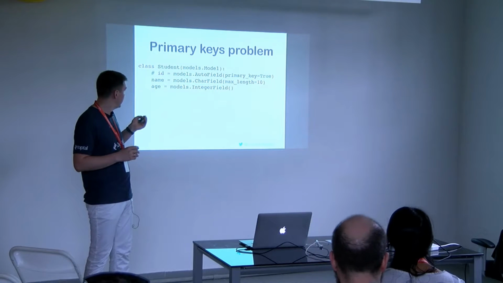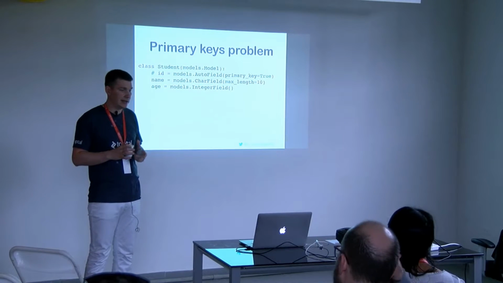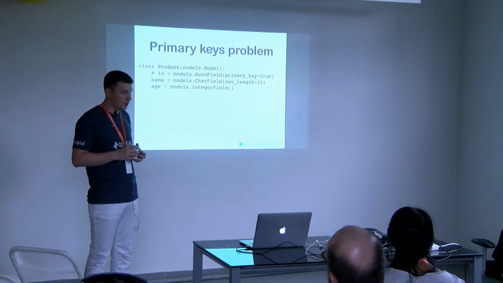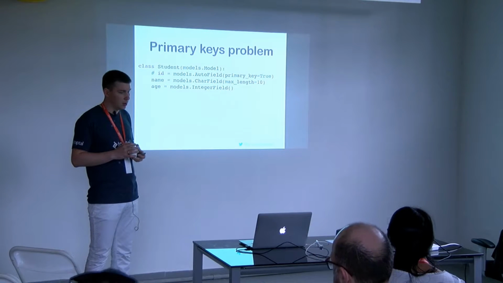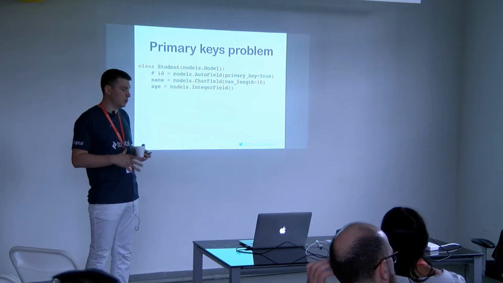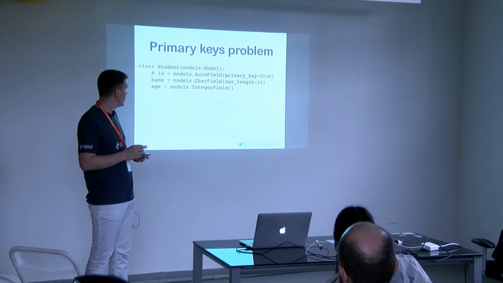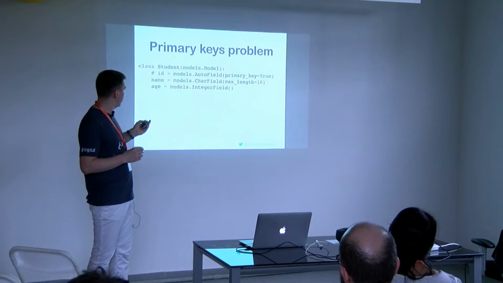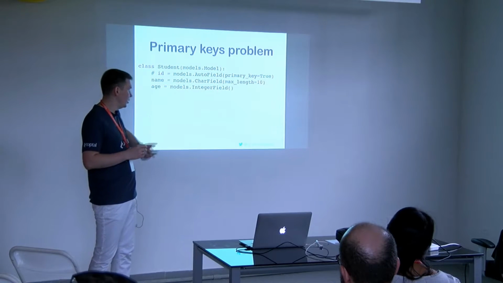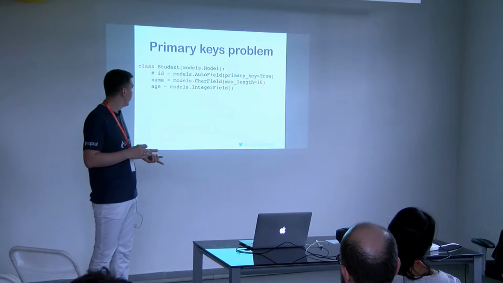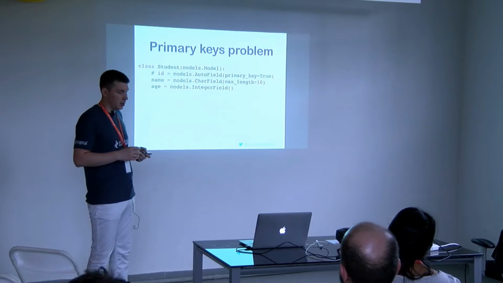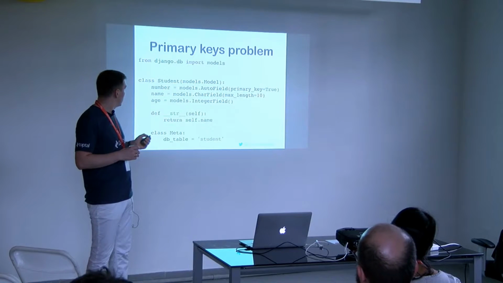But you can uncomment this line and explicitly add the primary key. Next, you can't create a table using the Django ORM without a primary key. I mean, if you remove this line, Django creates an ID field for you. If you add this line, you still have it.